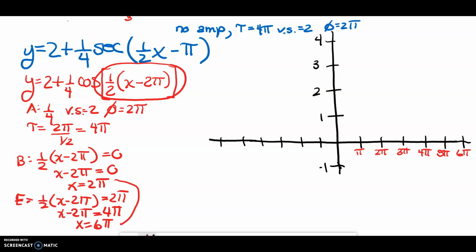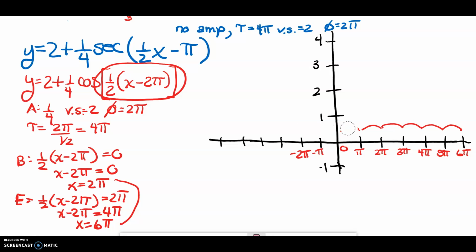All right, so I have my begin and end. I want to do 2 periods, so I'm going to go backwards from 2 to 6. I have 4 jumps, so I'm going to go backwards 4 jumps. 1, 2, this is 0. 3, negative pi. 4, negative 2 pi. All right.